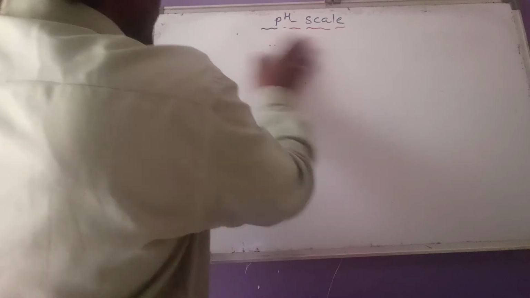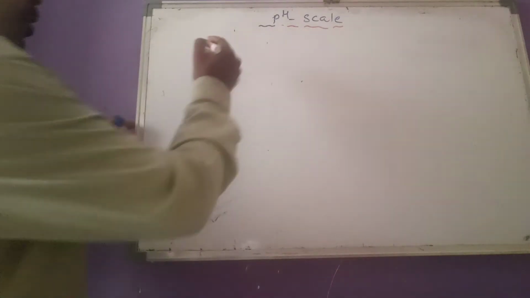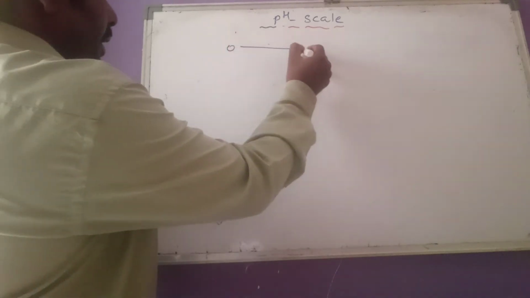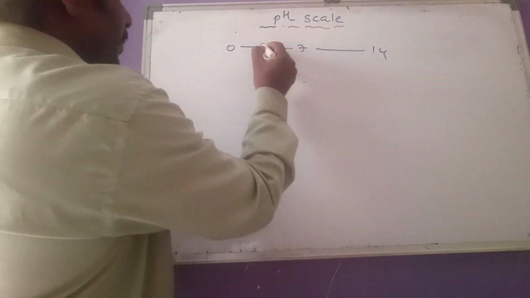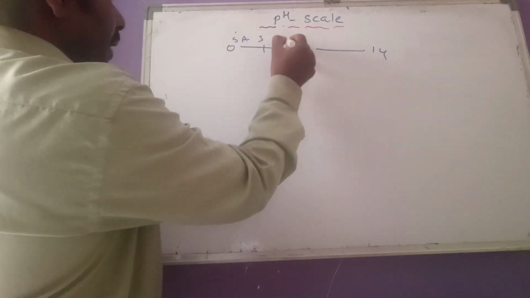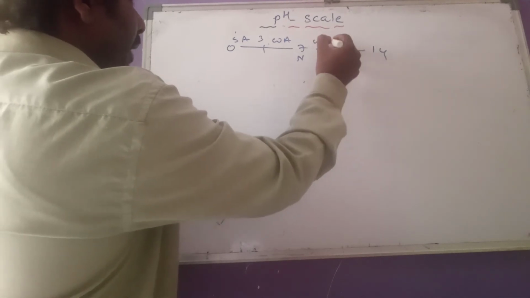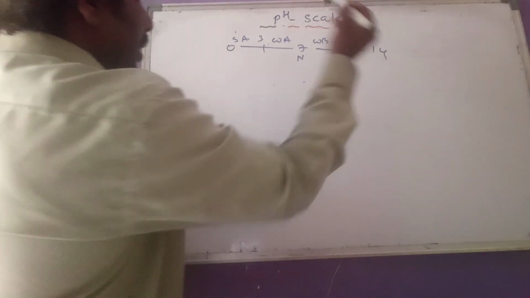Then some other important things let us learn regarding pH. What is that? Dilution effect. What happens when an acid is diluted or when a base is diluted? We know the scale 0 to 7, 7 to 14. 0 to 3 is strong acid, 3 to 7 weak acid, 7 is neutral, 7 to 10 weak base, 10 to 14 strong base.